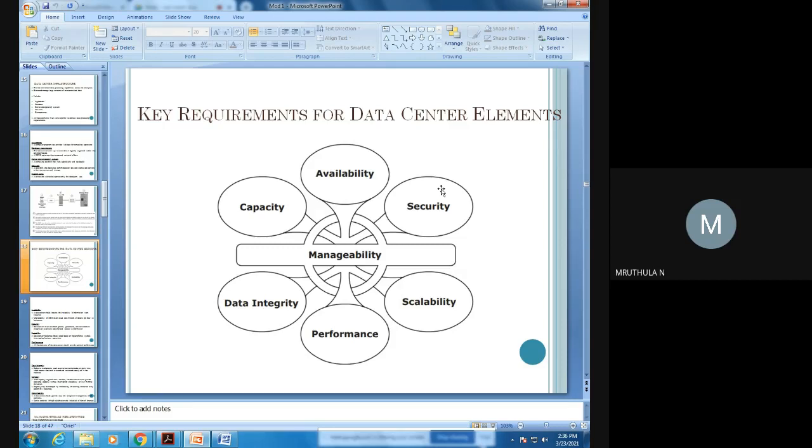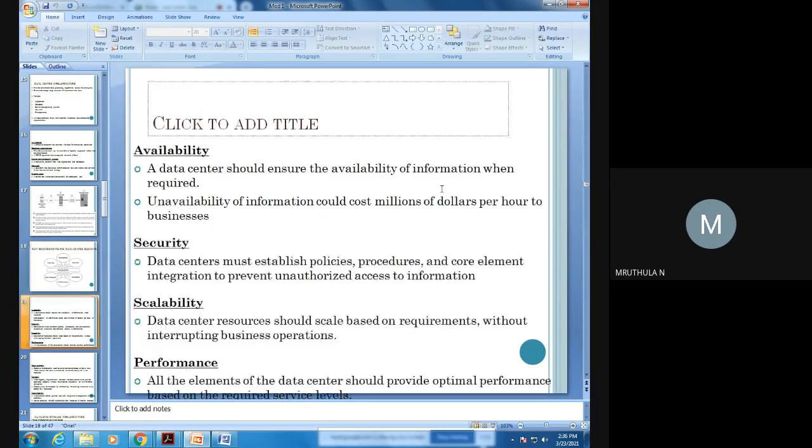A data center should ensure the availability of information when required. Unavailability of information could cost millions of dollars per hour to a business. Next one, security. Data centers must establish policies, procedures, and core element integration to prevent unauthorized access to information.